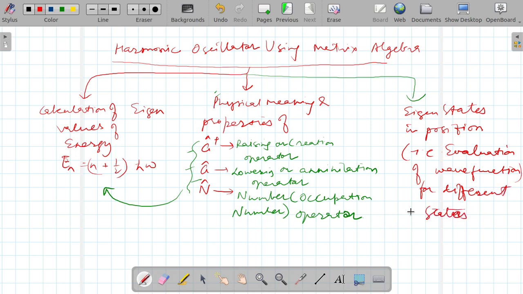So this is how I divided this lecture into three parts. In this lecture, I am going to talk about only the first part, then I will talk about the properties, and then in the third lecture, I will talk about this. Okay, so let us start.